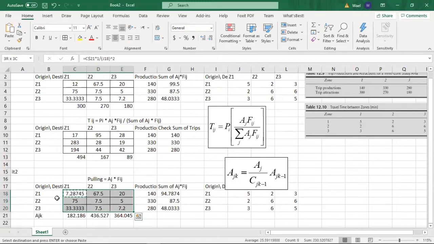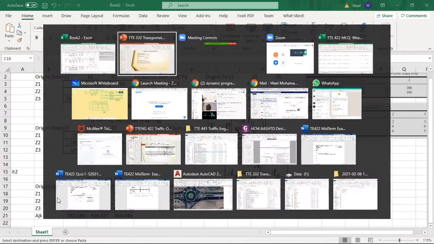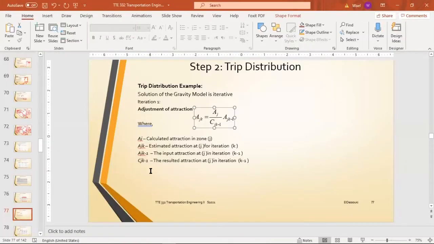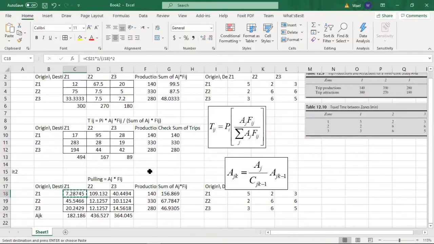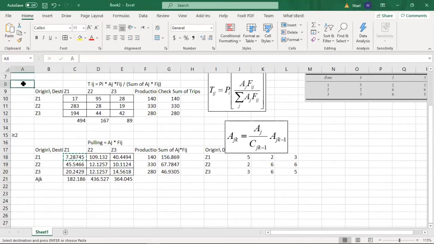This is going to be like this, and this is going to be the sum. Let me just check something. Let's do the trip distribution again in the second iteration.